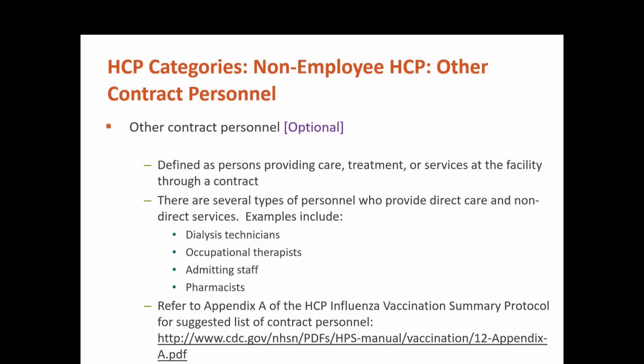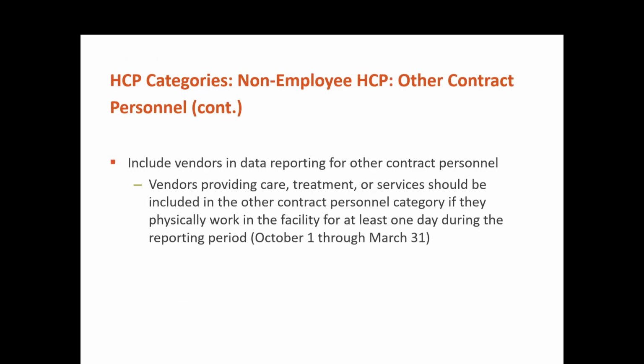If a facility decides to report contractor data, it can note for which categories of personnel are included in their data by using the comments function in NHSN, which is noted later in the presentation. Vendors are also included in the other contract personnel category, regardless of clinical responsibility or patient contact.